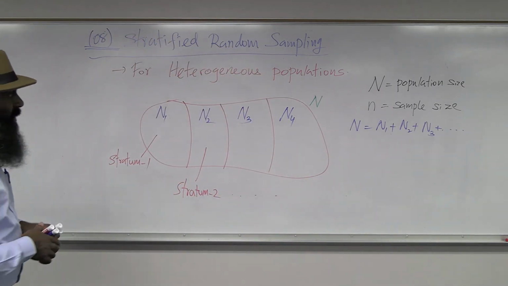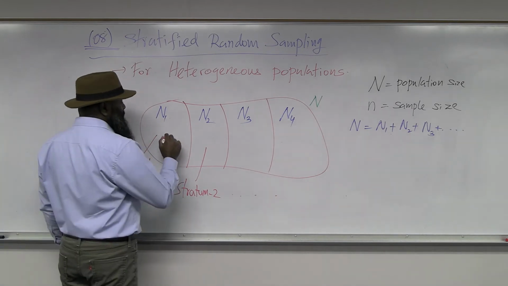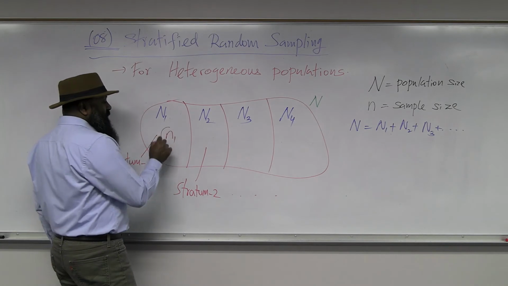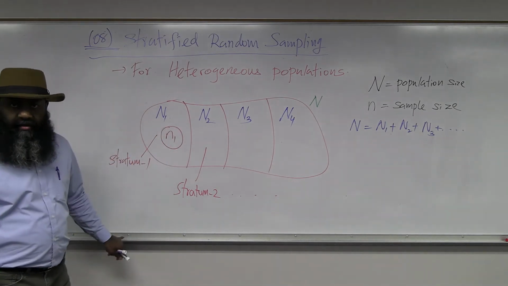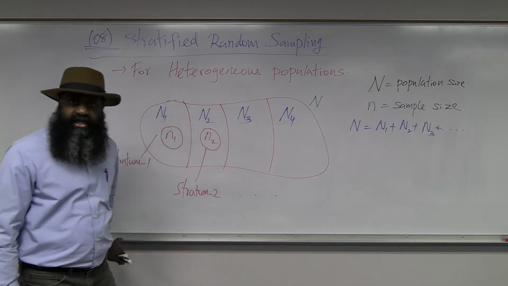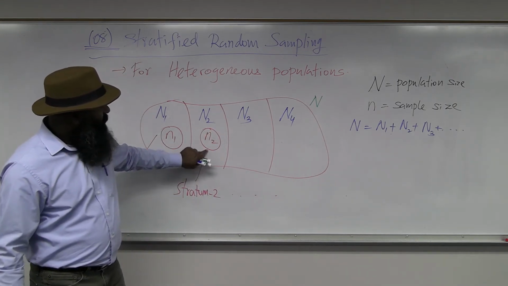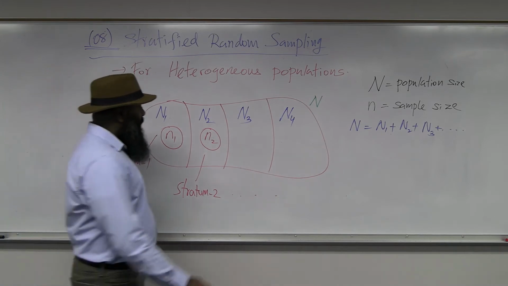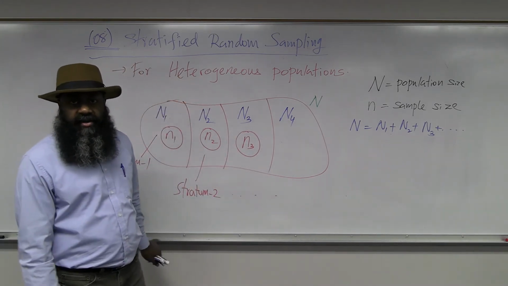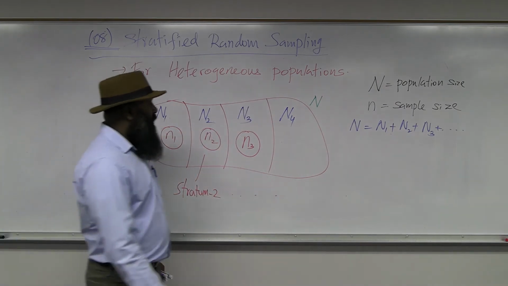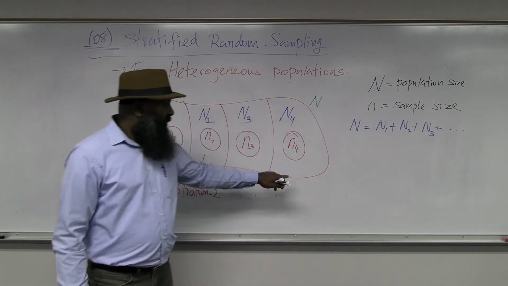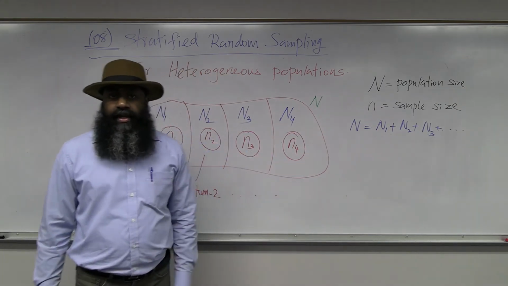Let's say lowercase n1 is the number of subjects that I should include for the sample from stratum 1. Let's say n sub 2 lowercase is the number of subjects that should be included for the sample from stratum 2. n sub 3 is the number of subjects that I should include from the third stratum for the sample. And likewise, n sub 4 is the number of subjects that I should include from stratum 4 for my sample.